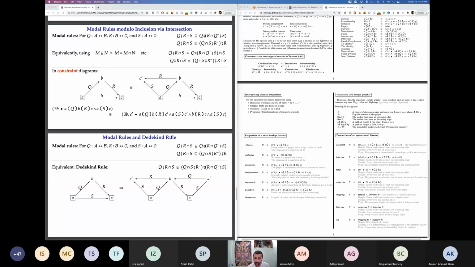When you fuse the rules together, the fusion of these rules is called the Dedekind rule. Okay, so that's a nice way if you don't like to work with these independent parts. Right here, you start with the left, and then you factor out Q to get this one. And this one you start here, and then you factor out R. You pull out R. Okay.